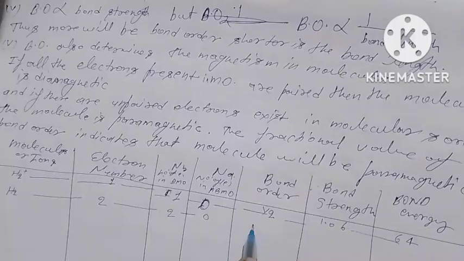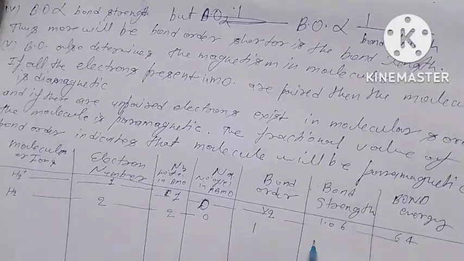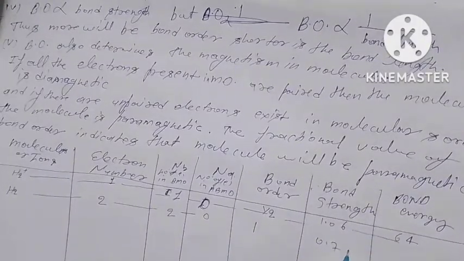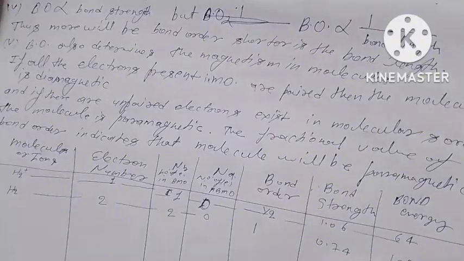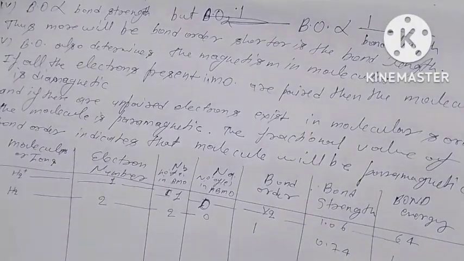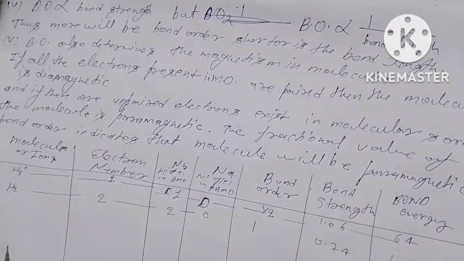Bond order is 1, bond strength 0.74, and bond energy 103.